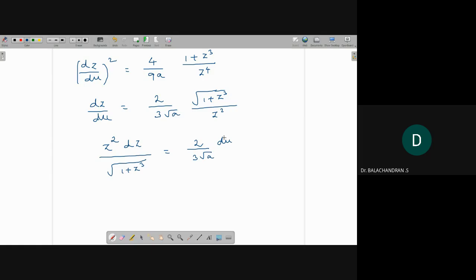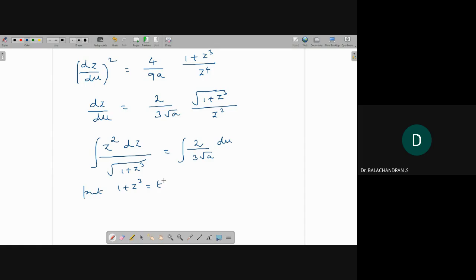Now you need to integrate on both sides. I am going to take the substitution: put 1 plus z cube equal to t.